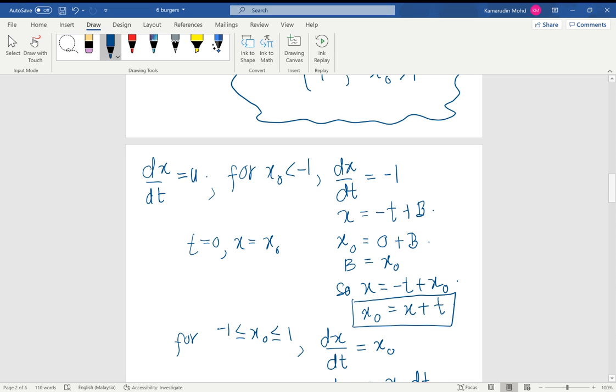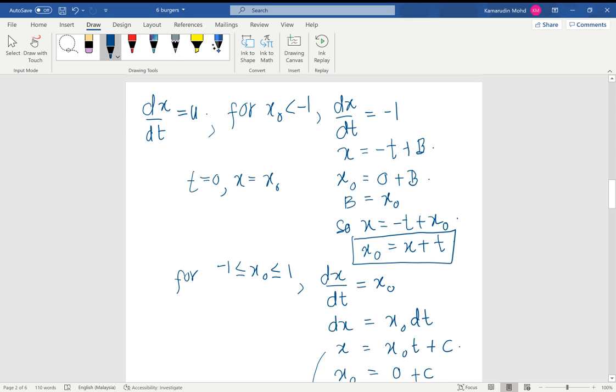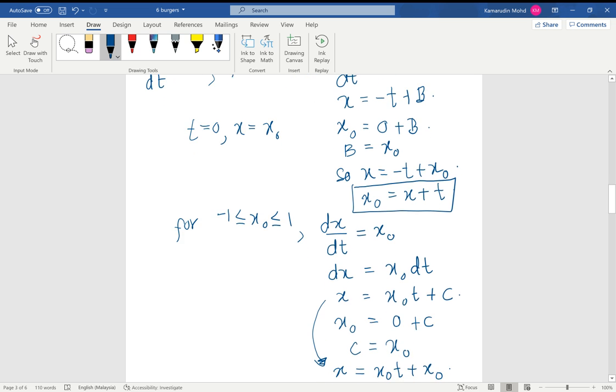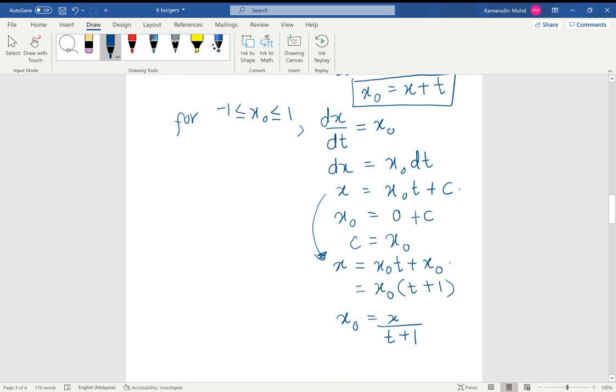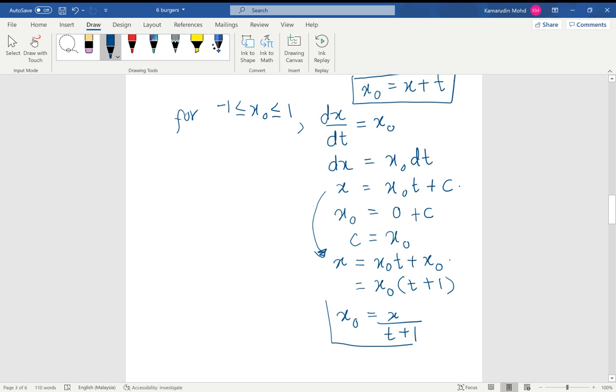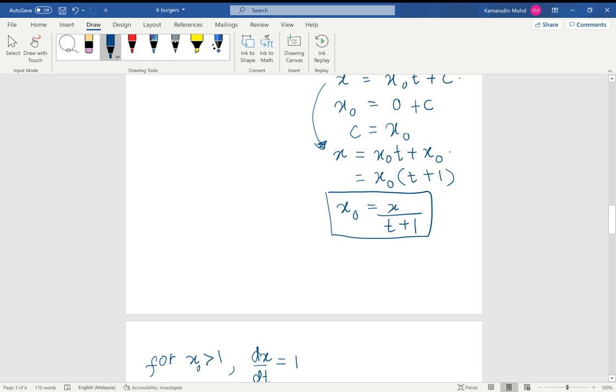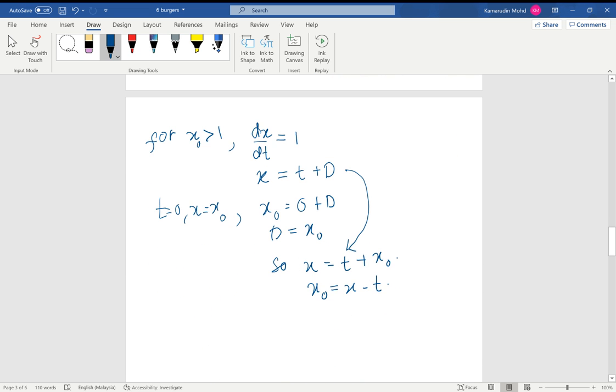For the second case, from that solution we can replace x naught as x over t plus 1. And for the third case, in the solution we can replace x naught as x minus t.